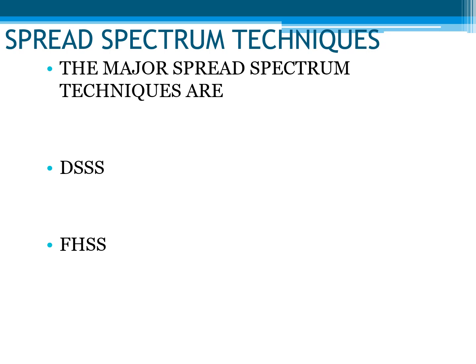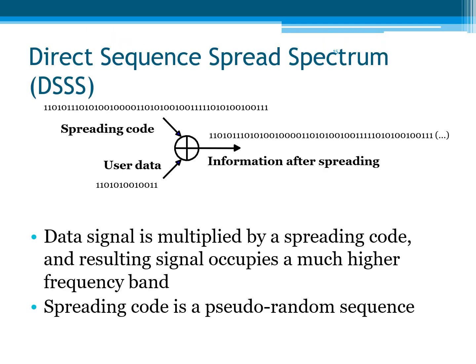Next, spread spectrum techniques. The major spread spectrum techniques are DSSS and FHSS. DSSS means direct sequence spread spectrum, and FHSS means frequency hopping spread spectrum. So next we have direct sequence spread spectrum. Here, the digital signal's bandwidth is widened by using only the spreading codes, that is, the PN sequence.